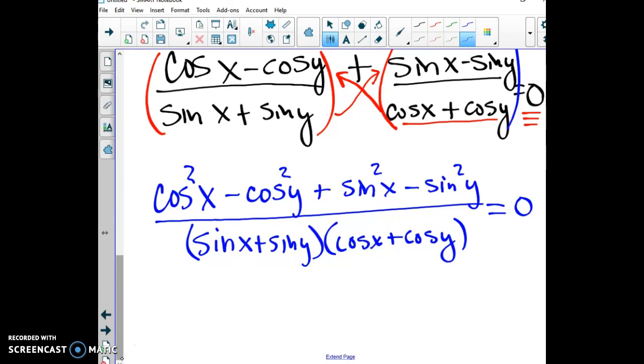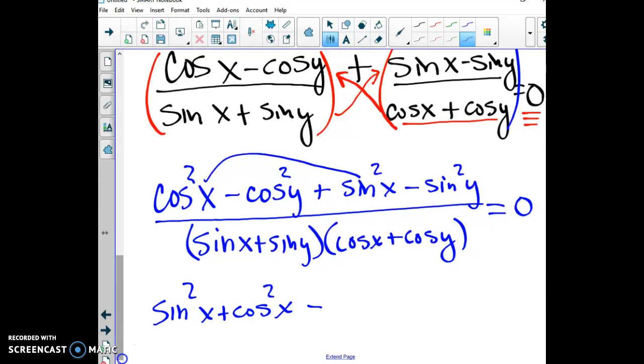From our Pythagorean identity from 5(1), we know sine squared plus cosine squared equals 1. We have sine squared x plus cosine squared x right there. And we're going to do this.